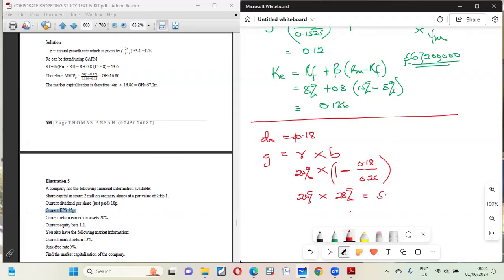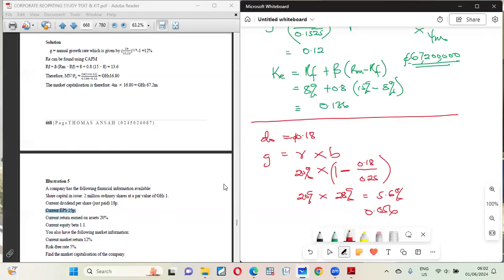It's just that sometimes the examiner will not make it so easy for you. You know how to find R already, which is profit after tax minus preference shareholders divided by shareholders' equity. Sometimes you have to go through that to find it. And sometimes the EPS will also not be given to you easily. You know how to find EPS: profit after tax minus preference shareholders divided by the weighted average number of ordinary shares.